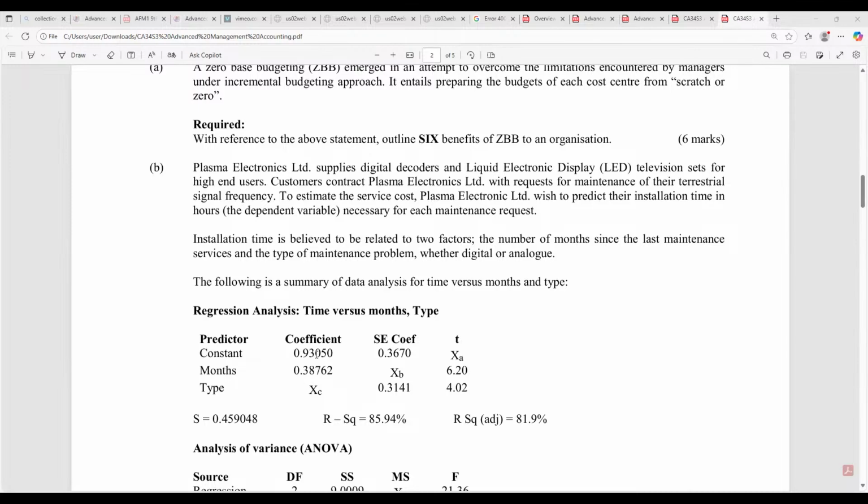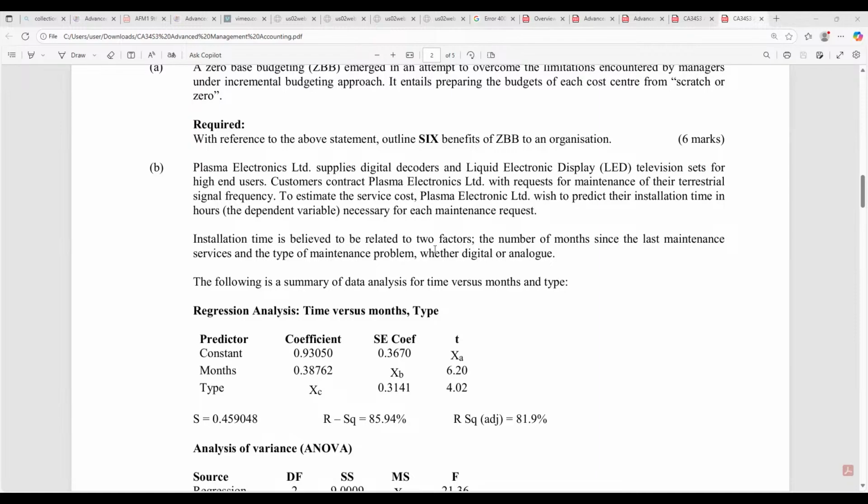Let's see, in this case our y is the installation time. Installation time is believed to be related to 2 factors: the number of months since the last maintenance service, and the type of maintenance problem, whether digital or analog.